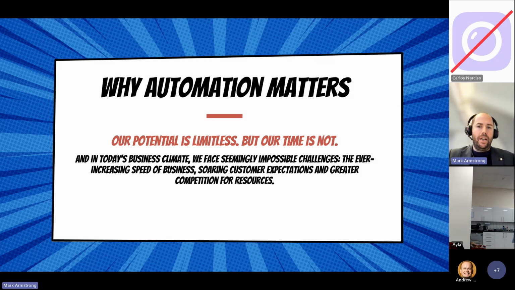So before we jump in and look at Power Automate, it's important to set the stage as to why automation matters. We know that businesses face pressure from every angle to become more productive and efficient, but we know that time and resources are finite, and that there's simply only so much one person can do in a day.